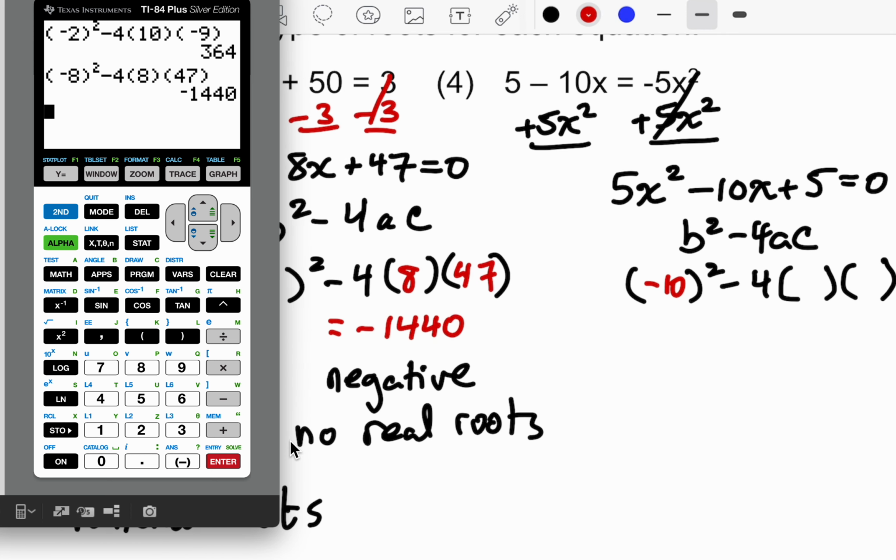The a value is 5. The c value is also 5, coincidentally. So -10 squared is 100. 5 times 5 is 25 times another 4 is going to give you 100. Bottom line is this is going to give you a 0. So that means one real rational root.